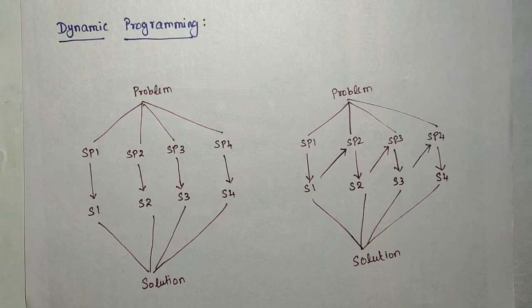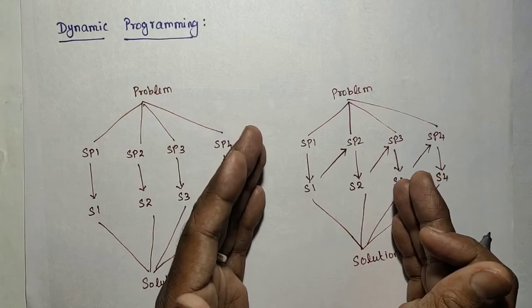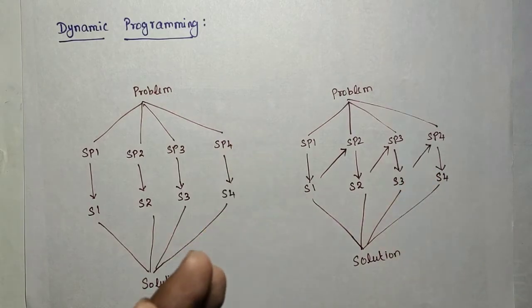We need space for storing the solutions, so space complexity will increase. Both should be perfectly balanced. In that type of problem only, we need to go for dynamic programming. If you compromise the space, and your time complexity is much reduced, then you can go for dynamic programming.